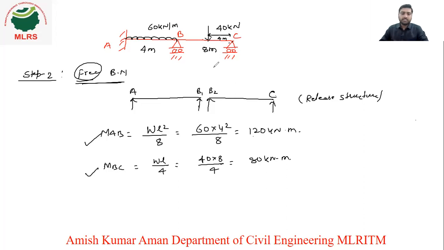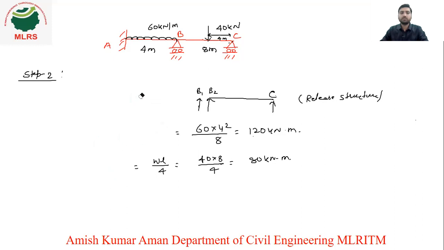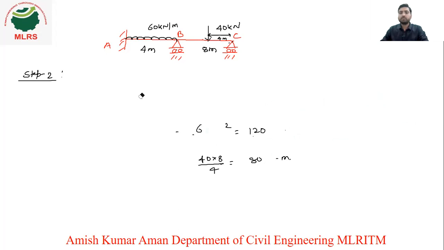Now we'll see the next step, step number 3, calculation of reactions at the support on the conjugate beam. First we need to make the diagram of the conjugate beam, and I previously told you the concept of the conjugate beam.